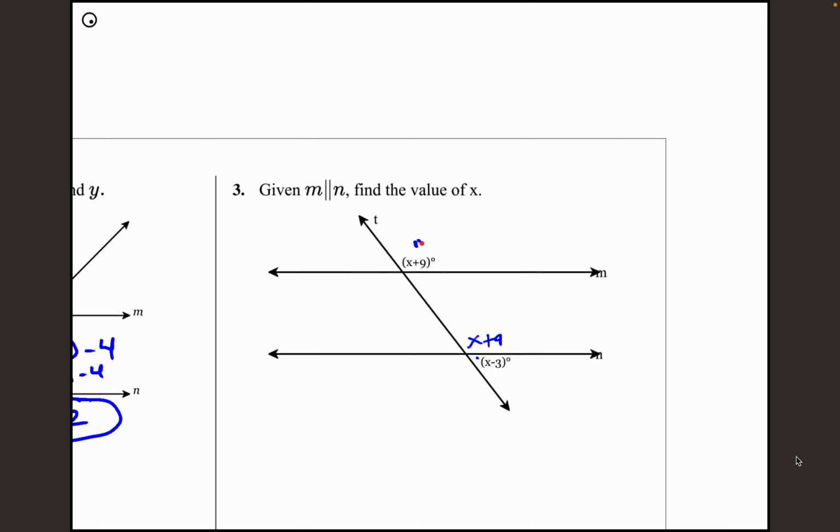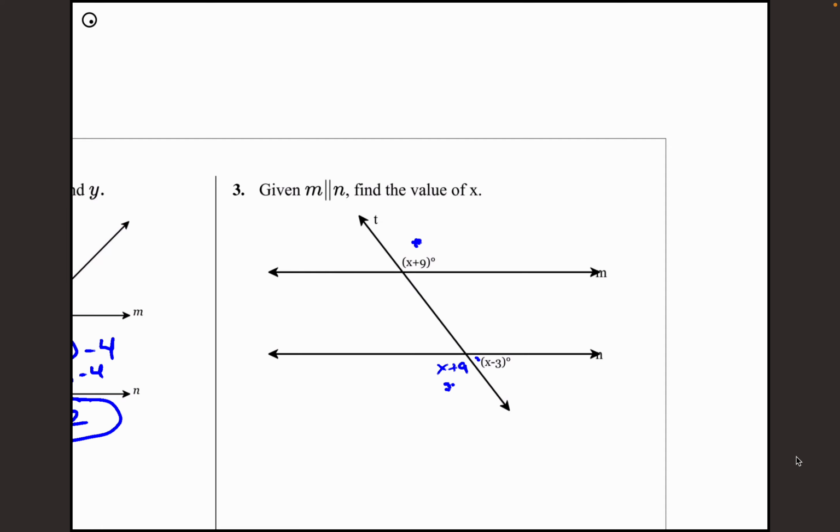You could also say, if this is x plus 9, this angle right here is also x plus 9, because what kind of angles are these two? Yeah, they're alternate exterior. So when we have these two angles right here, they're not congruent, but they can add up to equal 180.